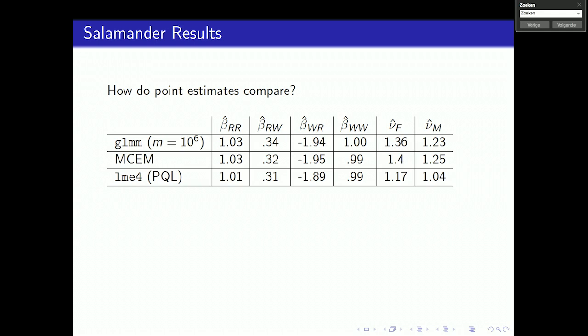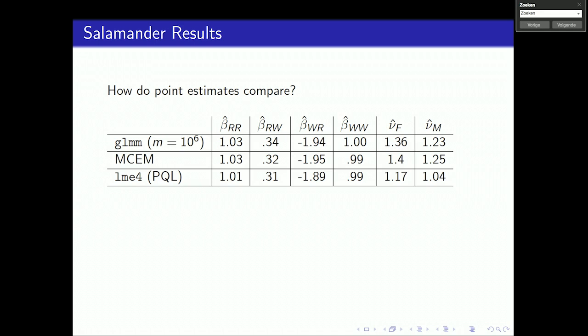The second row has the results created by Monte Carlo EM. And so we can see when we look across those different point estimates, they are pretty close to matching up. And then when we look at the point estimates created by LME4, which, again, is penalized quasi-likelihood, we can see that the point estimates for the fixed effects pretty much match up, but then the variance components are too small.